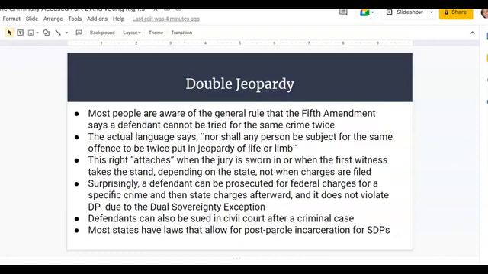And yet another thing that most people don't know, if we're kind of thinking about fact versus fiction, is that most states have laws that allow somebody to be incarcerated even after they've served every single day of their sentence and any probation or parole, even when that's no longer an issue. If you're a sexually dangerous person, that's what SDP stands for.